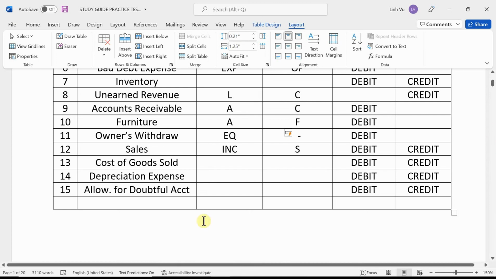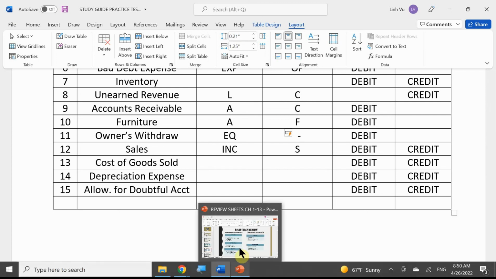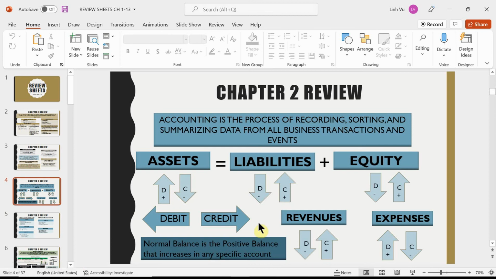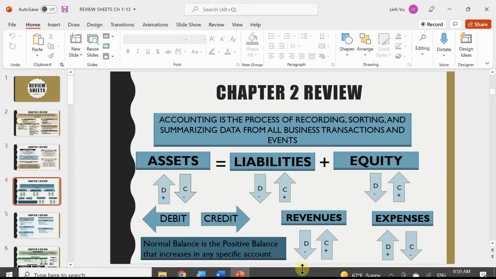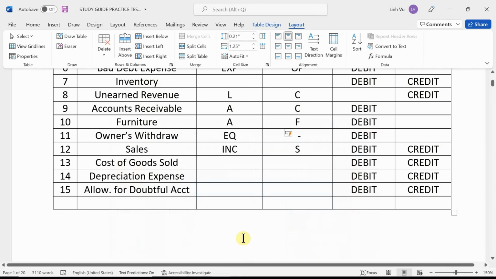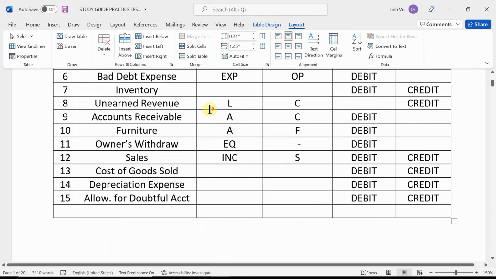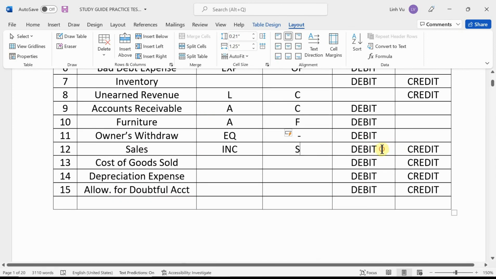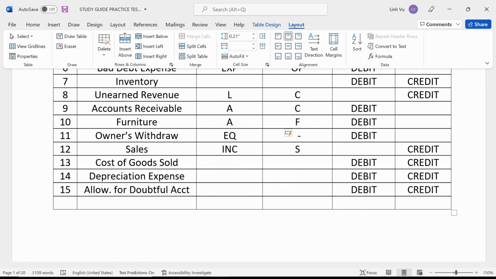Debit. Okay, let's take a look again. How do you increase your sales? Credit. You would use a credit, right? So think of every time we journalize our sales, it's always on the credit side because we increased our sales. And the opposite of that would be receiving money. So it'd be credit.